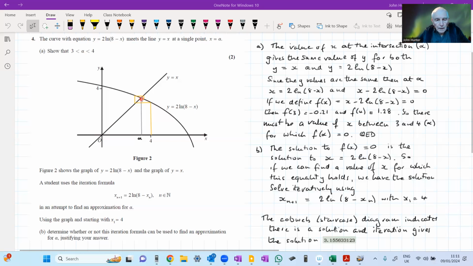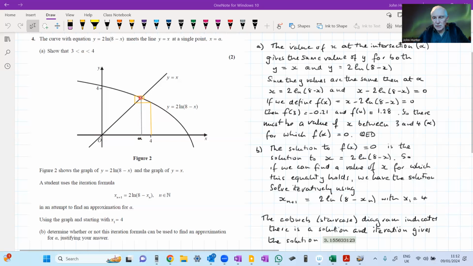So what we're saying here is that if we evaluate y for the curve, we get the same value as if we evaluate for y equals x.